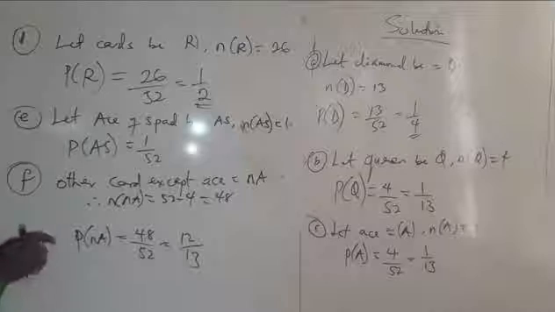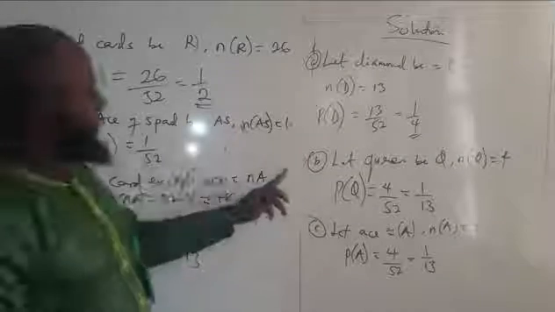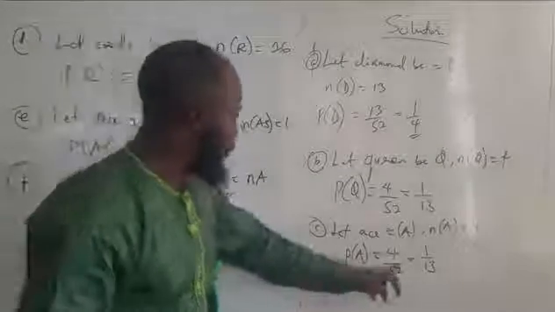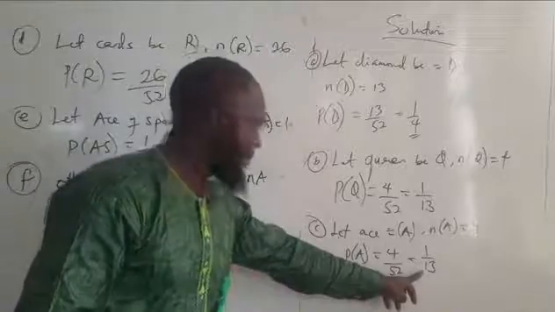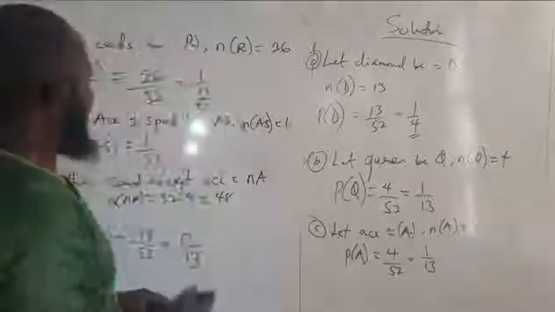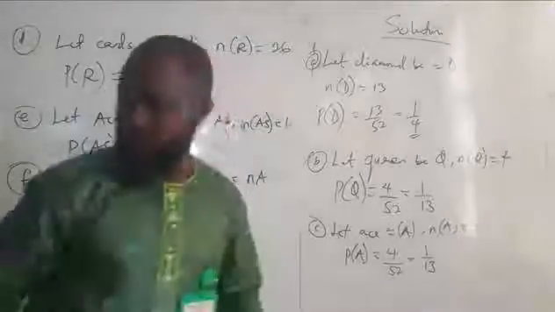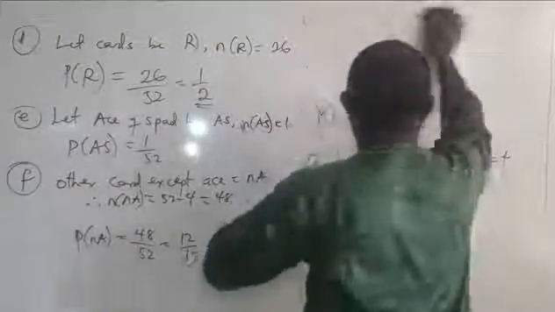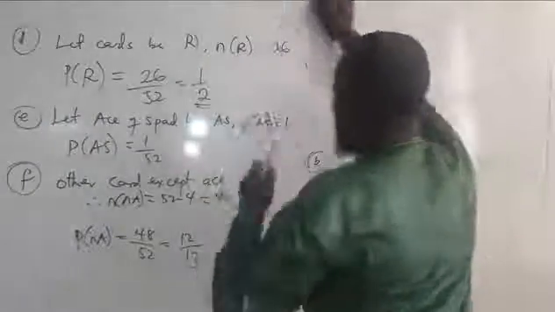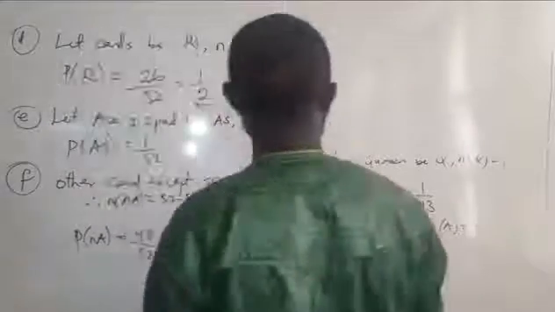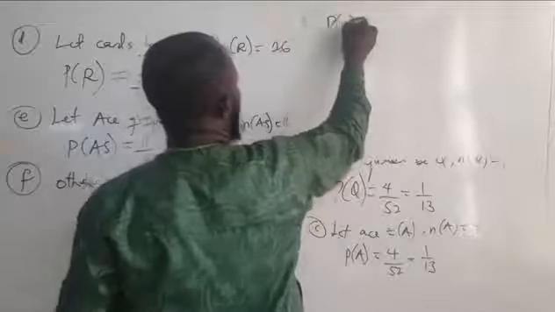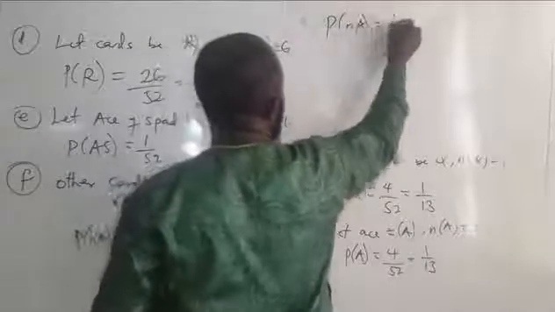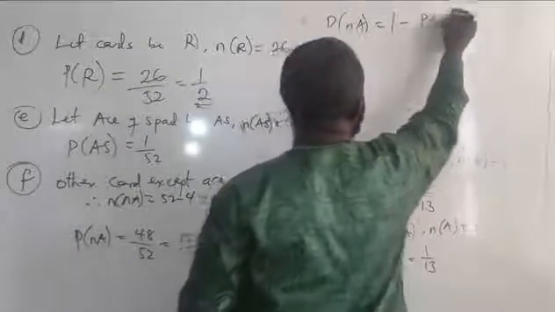How? We have calculated the probability of ace to be 1 over 13. So not ace now will be this. Probability of not ace is 1 minus probability of ace.